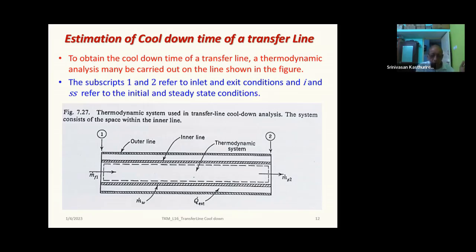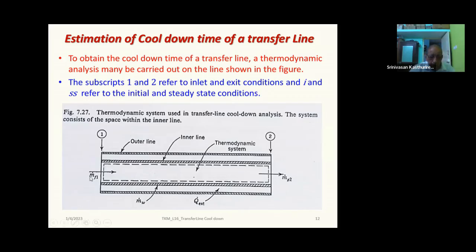When you open the cryogenic fluid to start with, initially it will be 100% vapor. But later on, after some time, when the system is completely cooled down, you have 100% liquid, or whatever percentage of liquid is present. At the left end you will have total liquid coming in. At the right end, depending on the heat input, some part will be liquid and some part may be vapor.